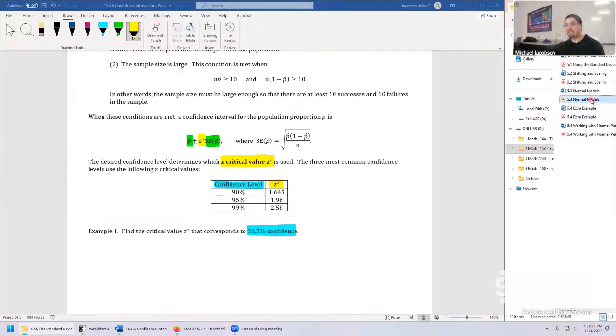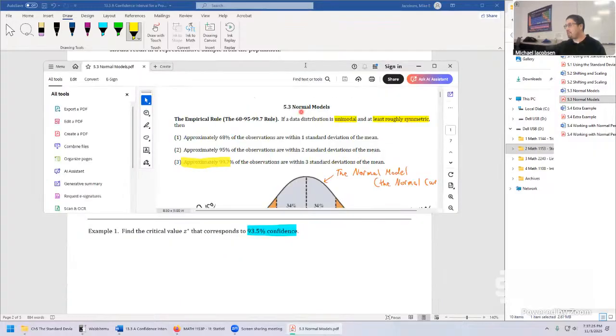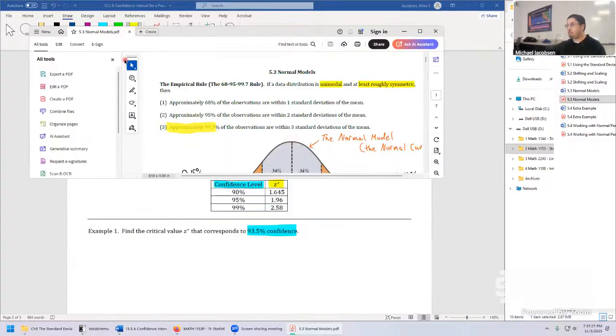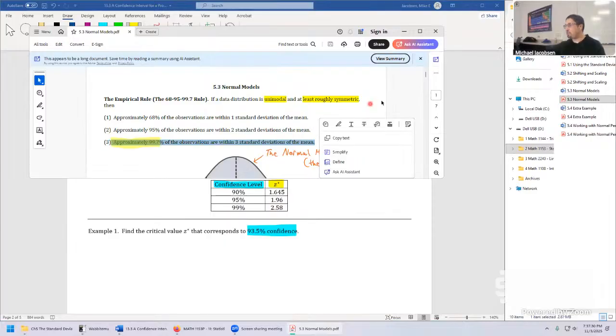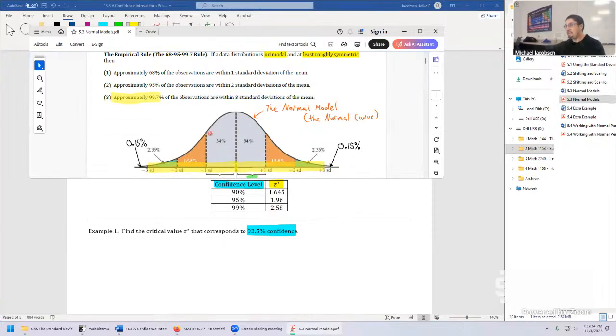Really, we're going back to section 5.3 again. This was the section we looked at not to do the normal model computation, but to think about it conceptually. What is the normal model? How do you draw it? Where are the areas in the normal model? And the big observation was approximately 95% of observations are within 2 standard deviations of the mean.